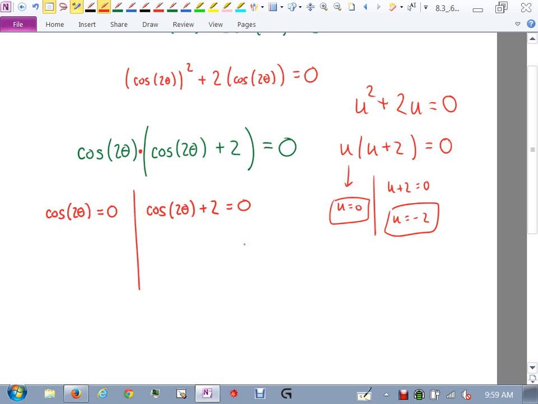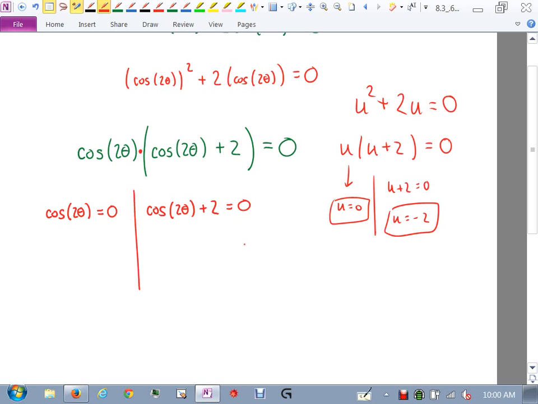Any questions here? Now you've taken this weird looking quadratic trigonometric equation and you've reduced it down into two basic trigonometric equations.